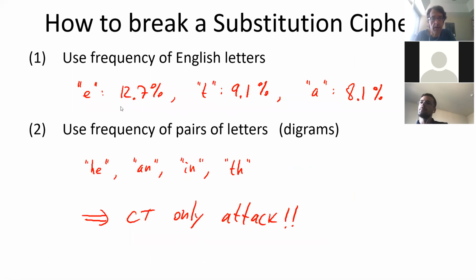And let's look at an attack example. If you knew that the underlying plaintext space is English text, then you can assume that a random English sentence is basically correlated in the frequency of letters with what a random English sentence would be. So there is a certain expected frequency of letters.